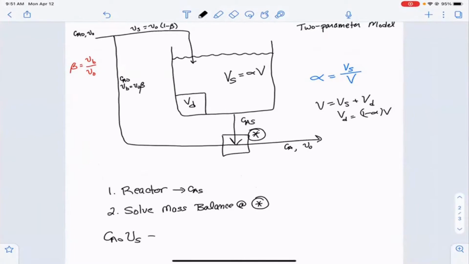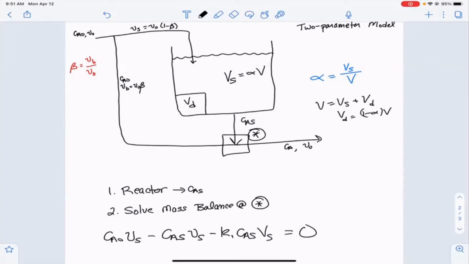Then leaving, we have CAS, which is the concentration leaving the active part of the reactor, times Vs, plus the reaction term. Our reaction term here is K1 times CA in the active part of the reactor times the active part of the volume, and that is equal to the accumulation, which is equal to 0.